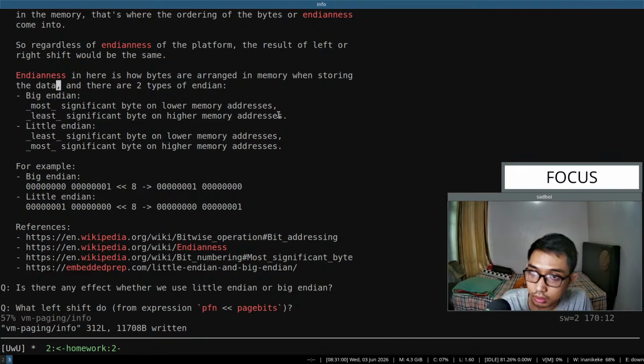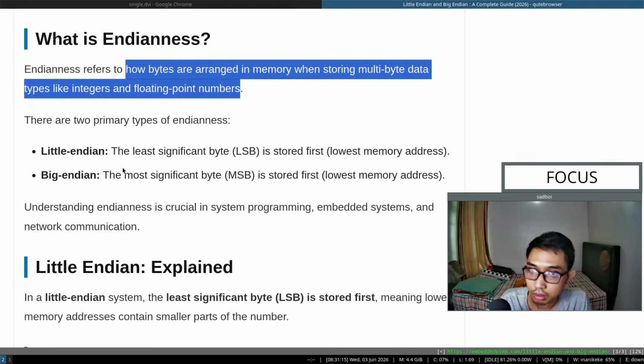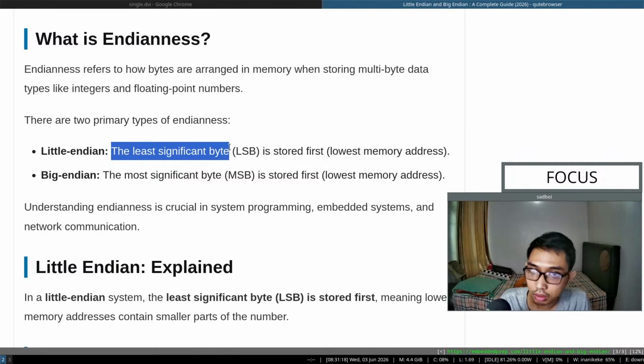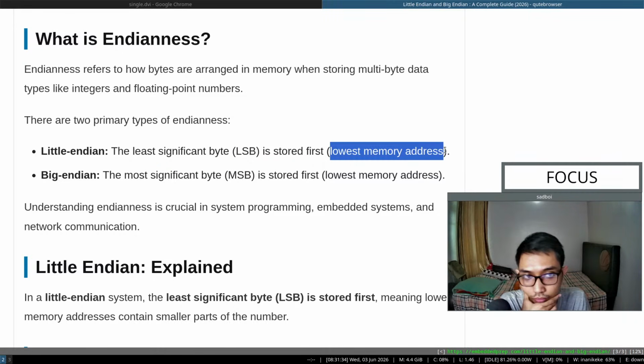And then from my understanding, wait, the least significant byte in here is that the, okay, lowest memory address.